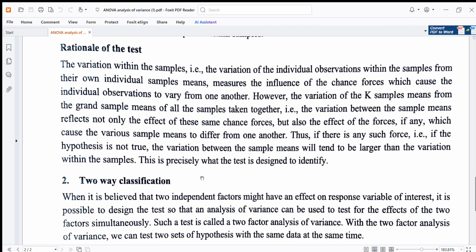However, the variation of the k sample means from the grand mean of all the samples taken together, i.e. the variation between the sample means, reflects not only the effect of these same chance forces but also the effect of forces, if any, which cause the various sample means to differ from one another. Thus, if the hypothesis is not true, the variation between the sample means will tend to be larger than the variation within the samples, and this is precisely what the test is designed to identify.